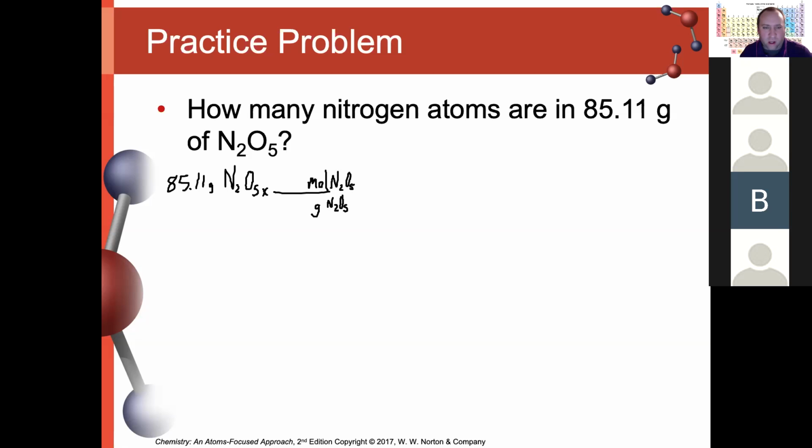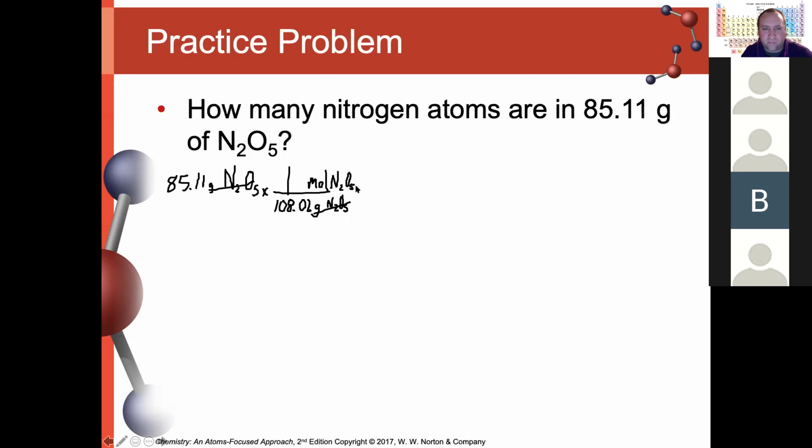I get 108.02 grams for every mole of dinitrogen pentoxide. So my grams have now canceled.